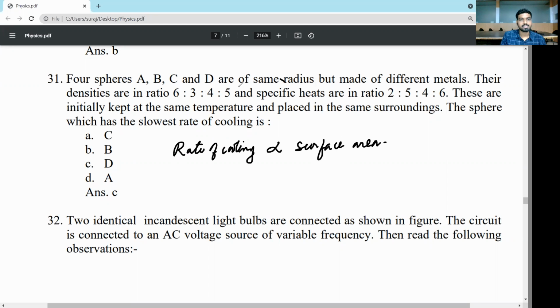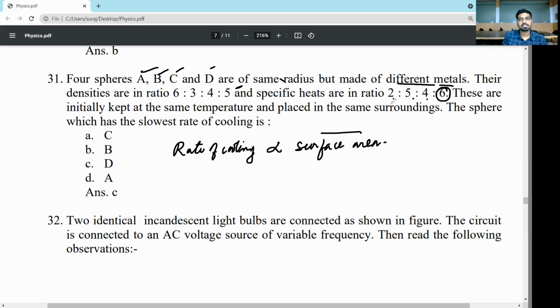The four spheres A, B, C, D are of the same radius but made of different metals. So the same radius means the surface area is the same. Their densities are in the ratio 6, 3, 4, 5, and specific heats are in the ratio 2, 5, 4, 6.